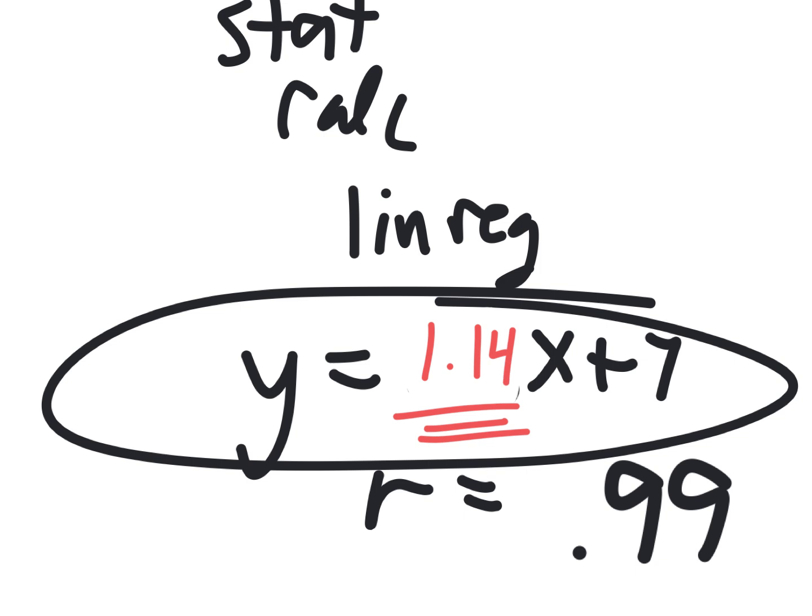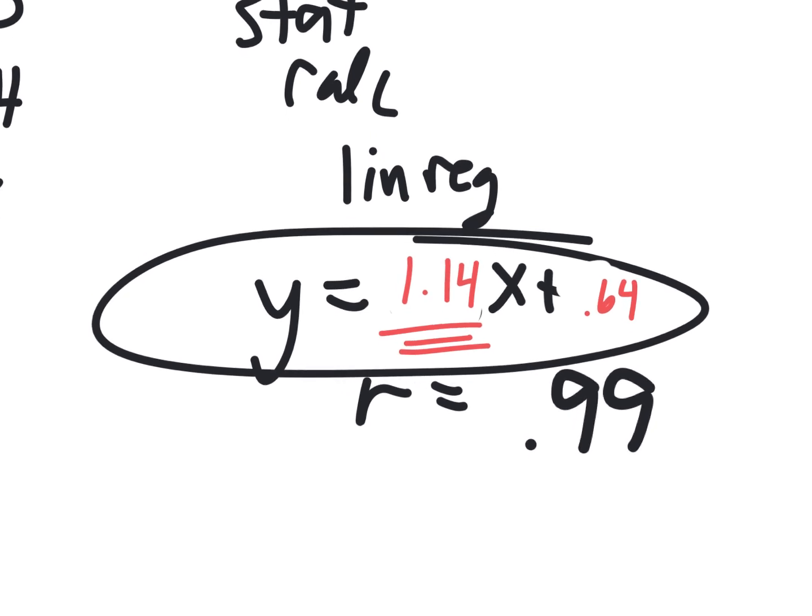Okay. Would the next number make that round up or not? Okay. And then what's after the x plus? 0.64. Is that supposed to round up or not? Okay, good. All right, cool. Then raise your hand if you had the same equation as him. Okay, good.